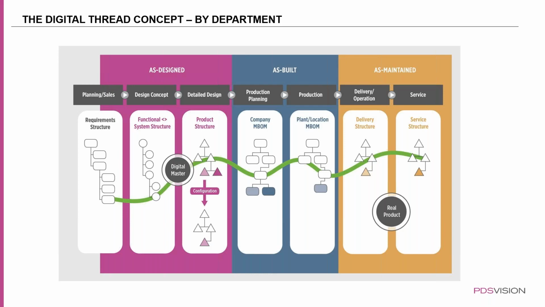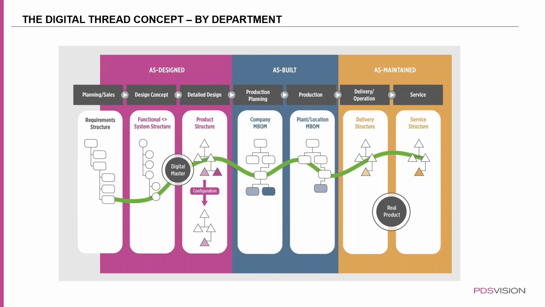So it's like a single source of information which will be available at every point of time, based on what department you're working in, based on what standalone software you're working on. This is called digital thread.